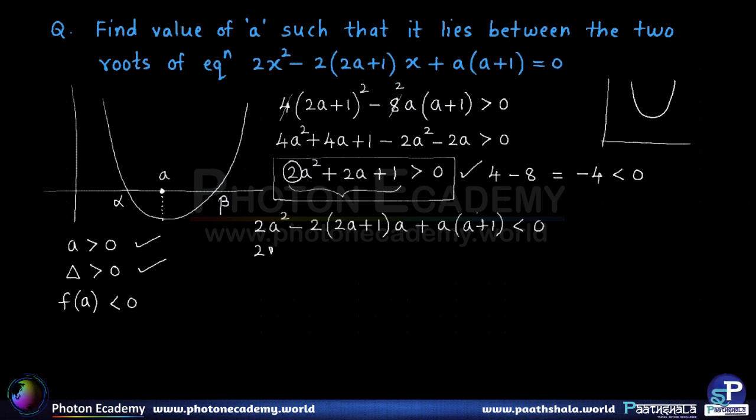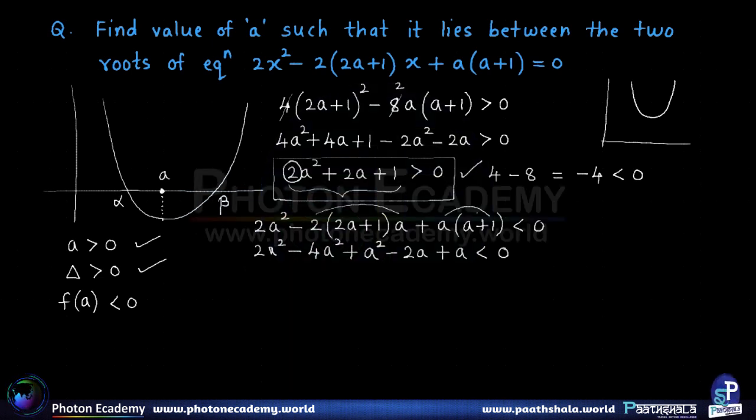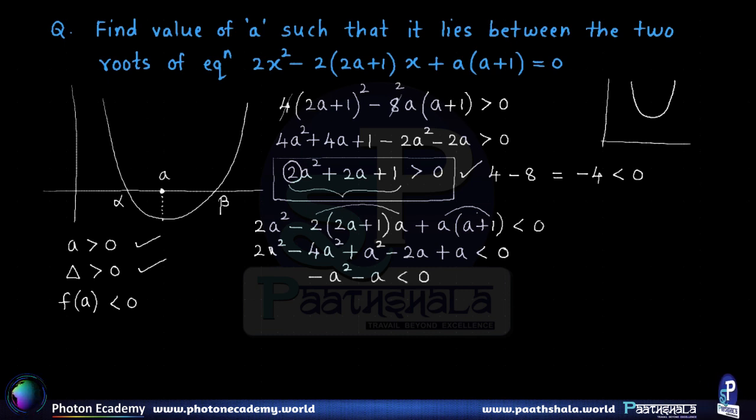So let's collect all the a squares. So that is 2a square minus 4a square plus a square. Now let us collect the a terms, which is minus 2a and plus a, should be less than 0. So 2a square plus a square is 3a square, minus 4a square is minus a square, minus a is less than 0.